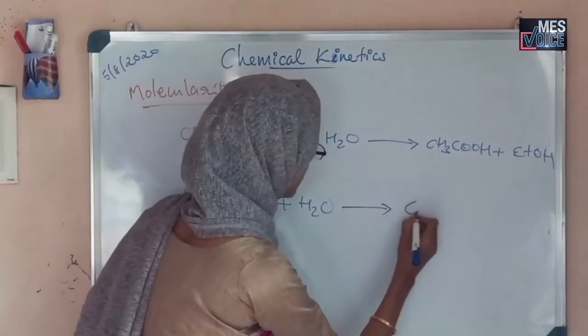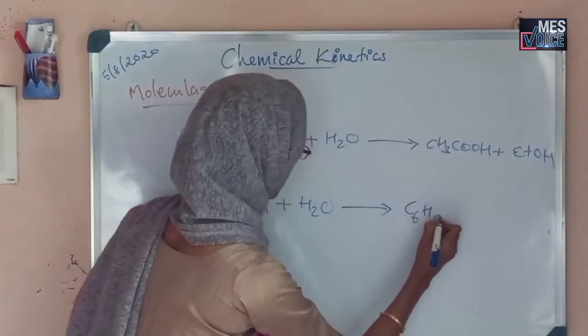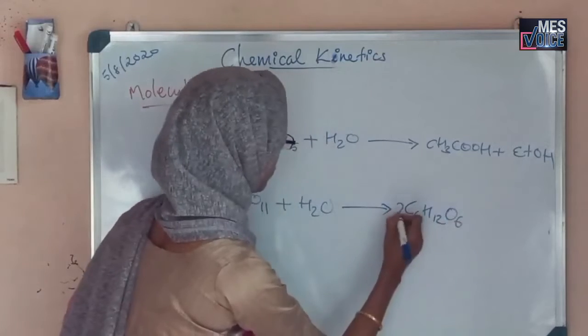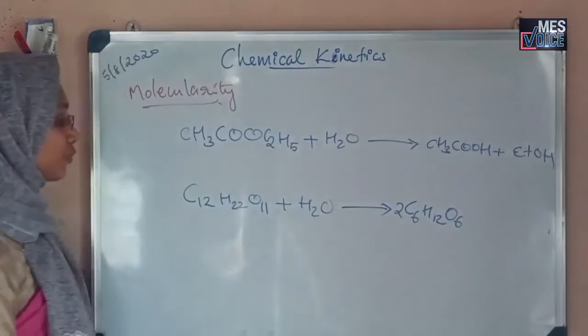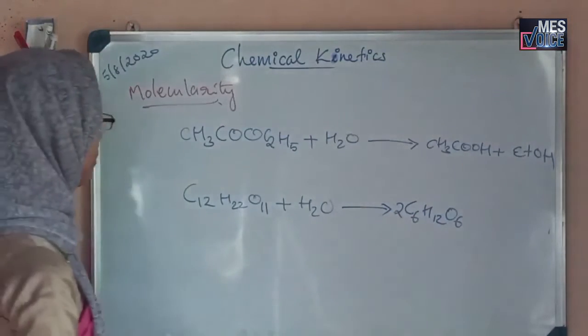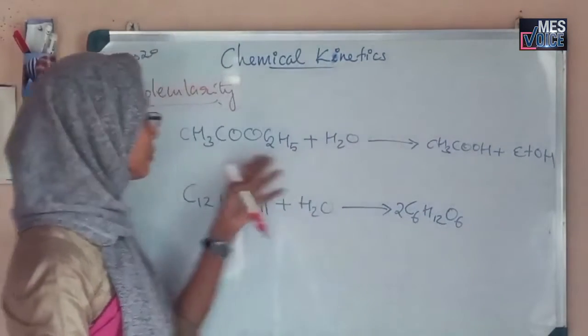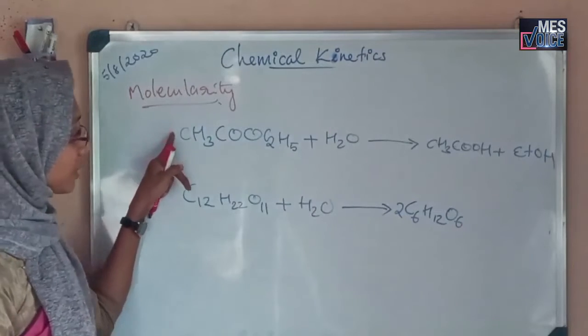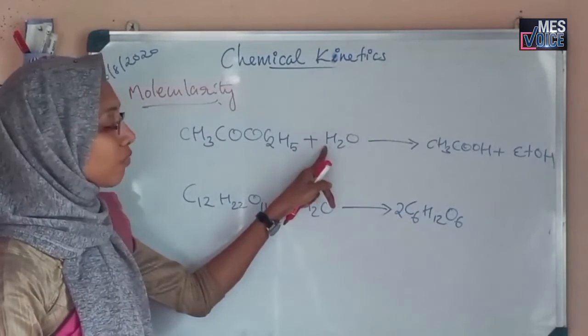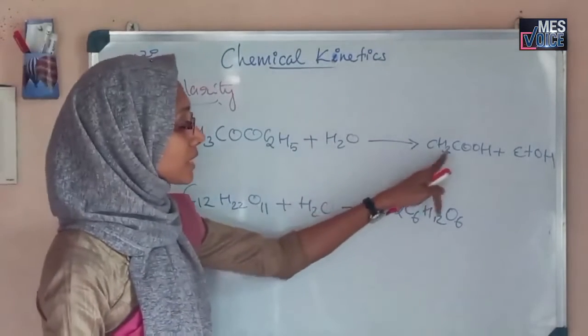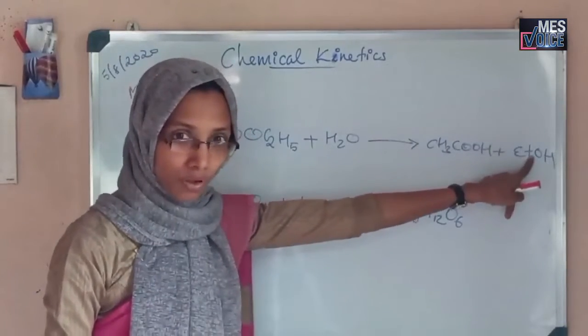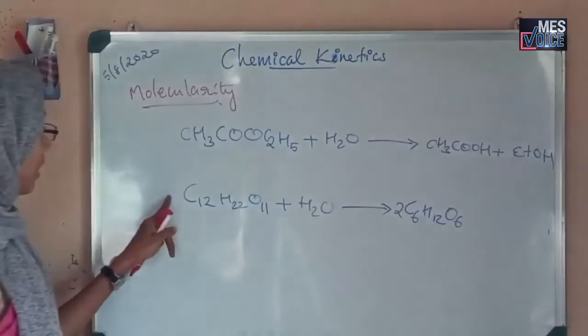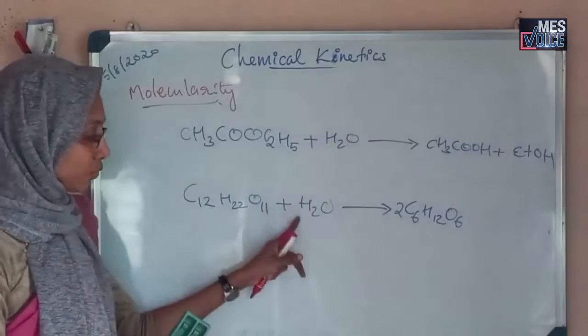Here we get 2 molecules of C6H12O6. Here the molecularity is equal to 2, that is, 1 molecule of ester reacts with 1 molecule of water to give 1 molecule of acetic acid and 1 molecule of ethanol. Here also the molecularity is equal to 2.